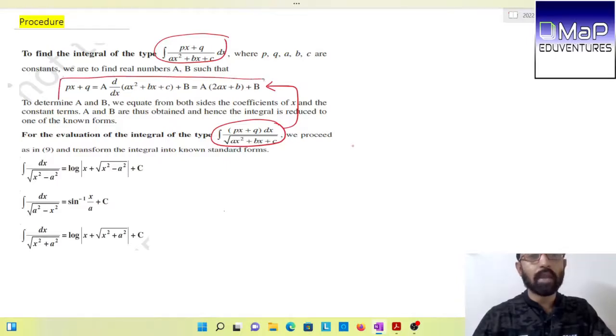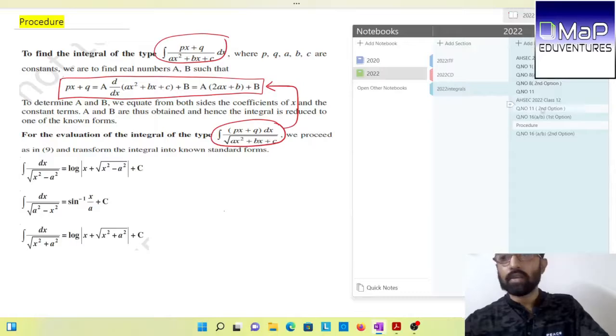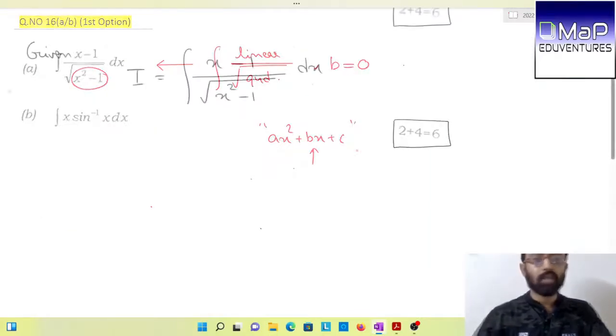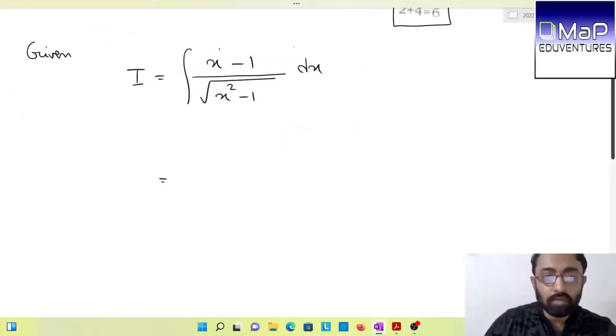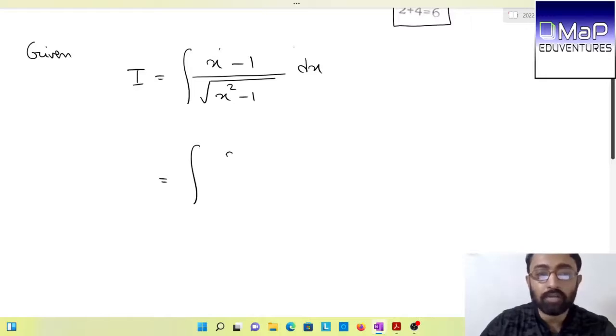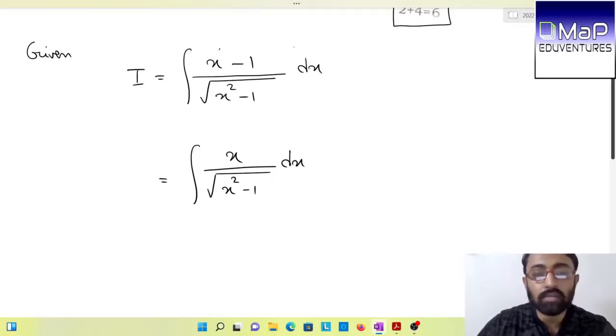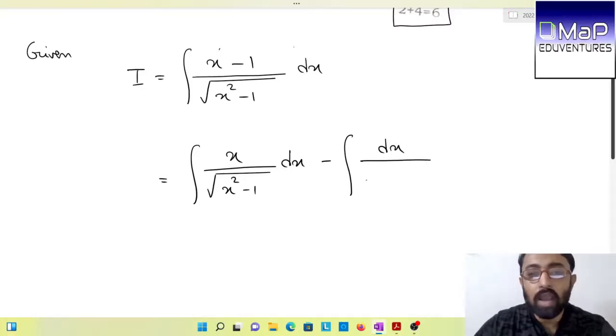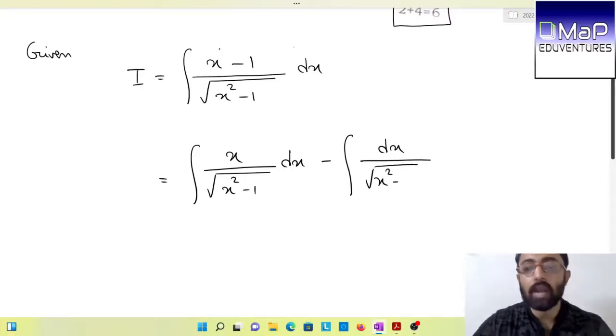There is no need to apply the formula. If the b part is 0, then what will we do? Let us see. As the b part is 0, simply split the function into two parts: integration of x by under root x square minus 1 dx and integration of dx by under root x square minus 1.